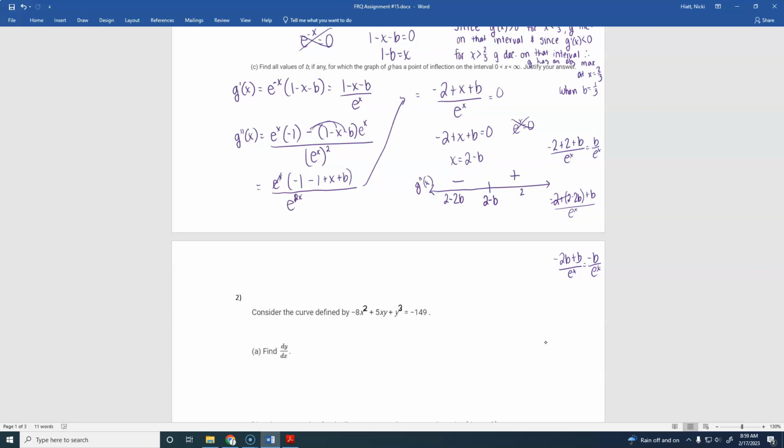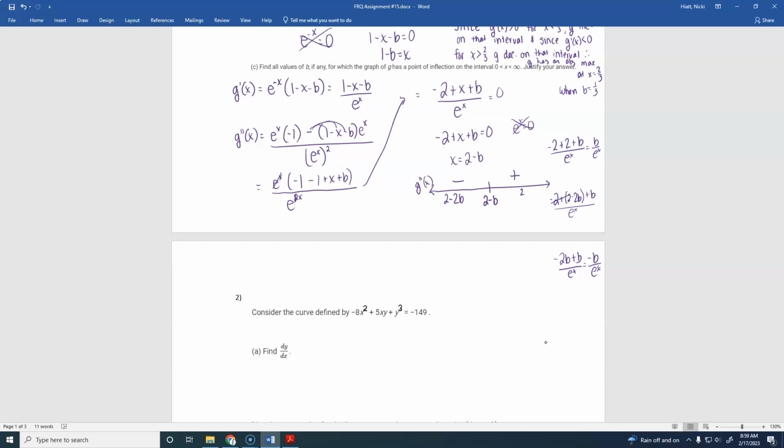So, find all values of b, if any, for which the graph has a point of inflection on 0 to infinity. So this basically guarantees that it has to happen there, because it doesn't even matter what the b is. This is what should happen.